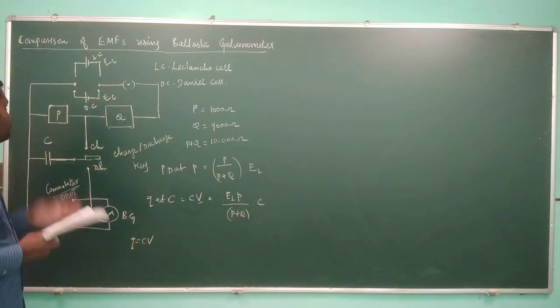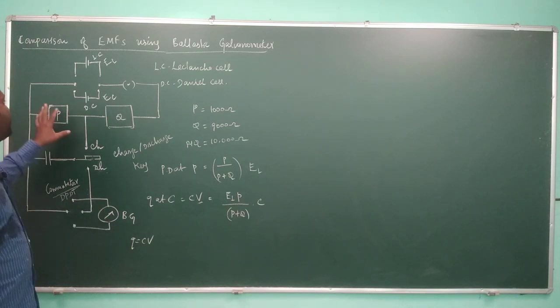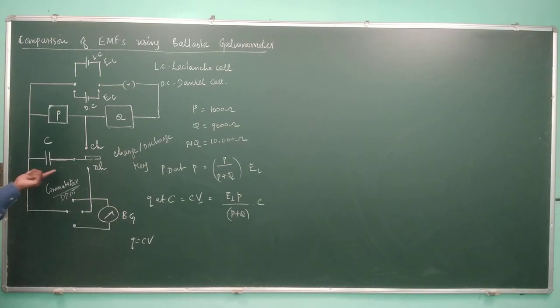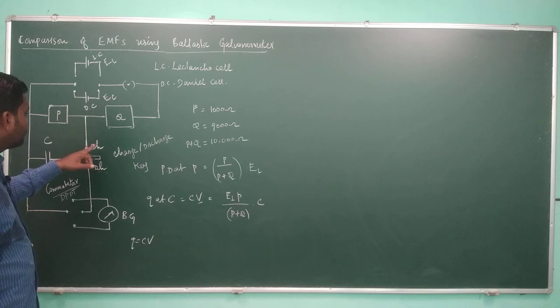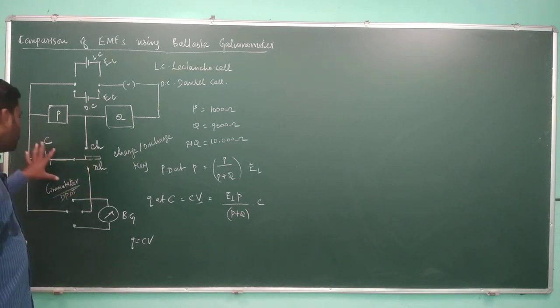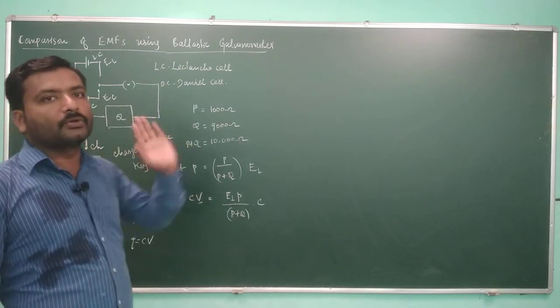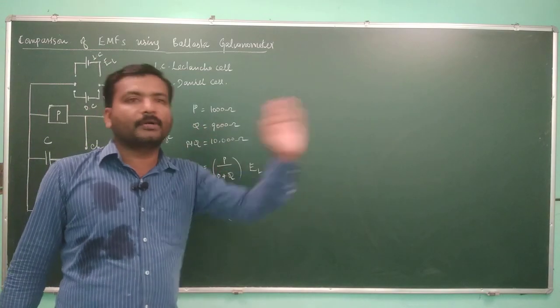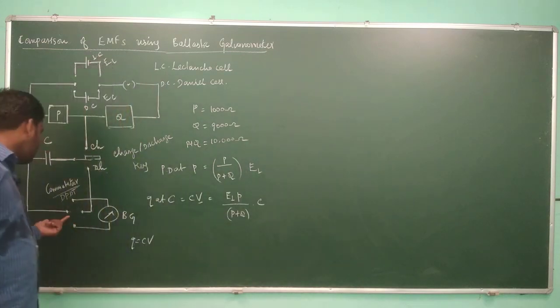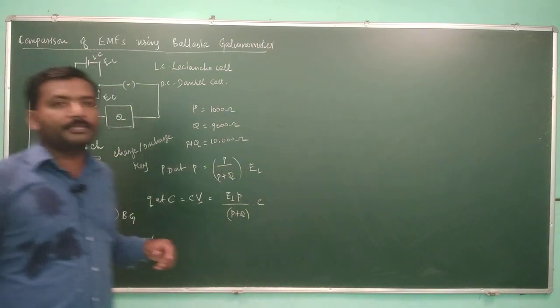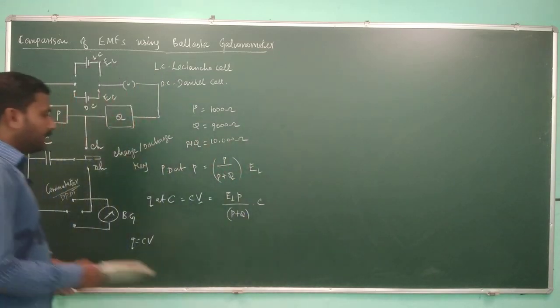Okay. Now, depending upon the potential difference at P, the charge accumulation at C will occur. Once we put this key from charge to discharge, all the charge stored in the capacitor will flow through the galvanometer, so by interchanging the DPDT switch, we can obtain which side the throw will go. If the first time the throw goes on the positive side, then you have to change the direction of the commutator or DPDT switch for the next trial.